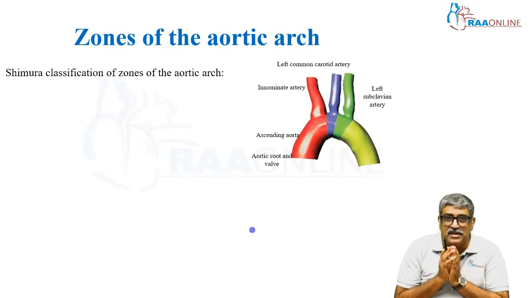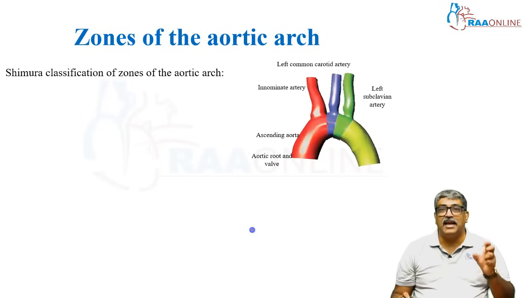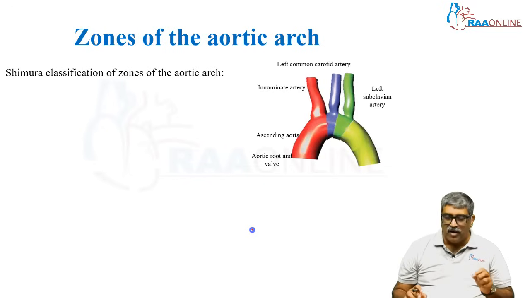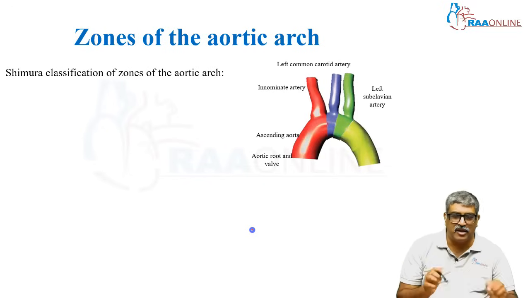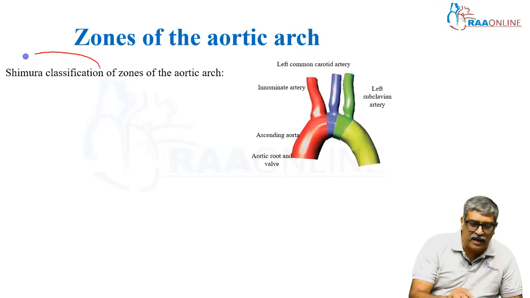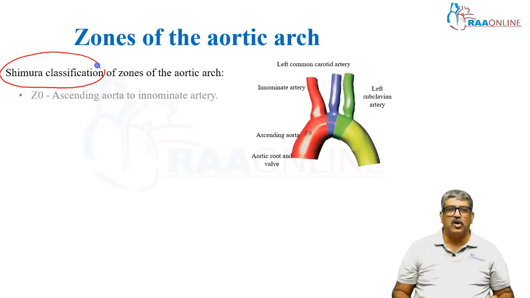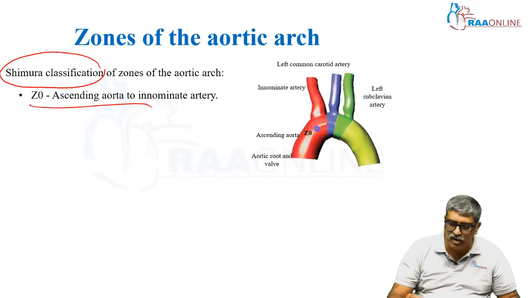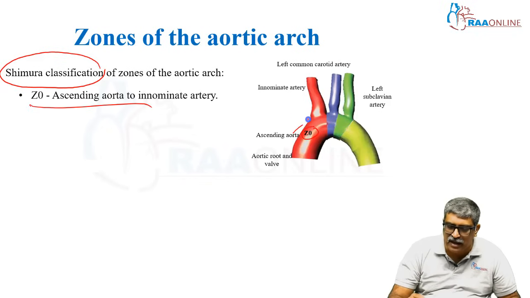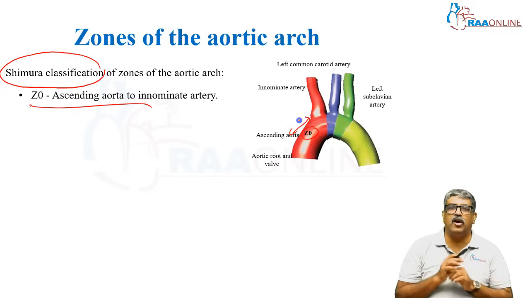And when you consider a stent, you have to know the landing zones. There are various landing zones, and one of the most important classifications for these zones is the Ishimaru classification. You have zone 0, which is between the ascending aorta and the innominate artery.